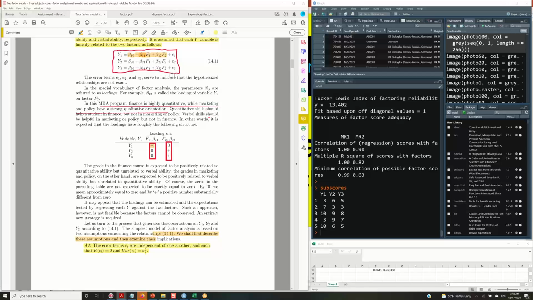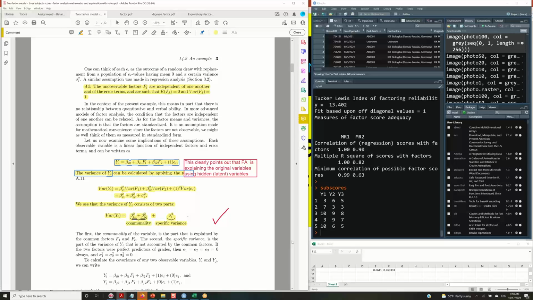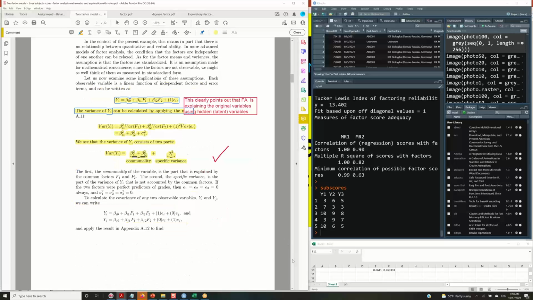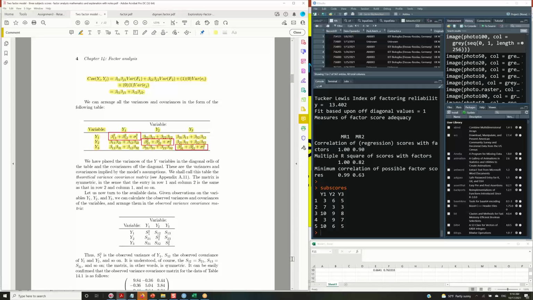What I want to call it is that y1, y2, y3 have a linear relationship with hidden factors. The F1, F2 are hidden factors because we don't know them. So we just say linear relationships. If regression is what it means to you, that's also fine. You can keep it. So that is a regression type relationship.